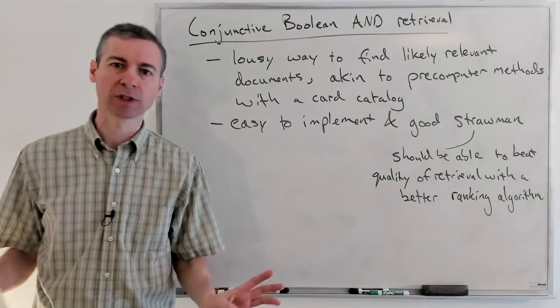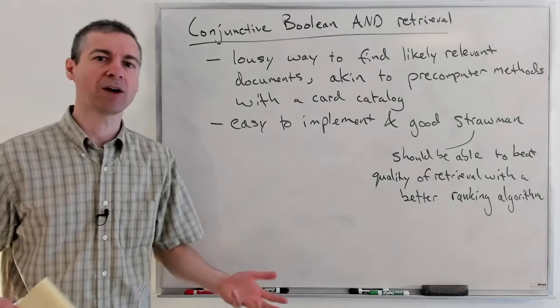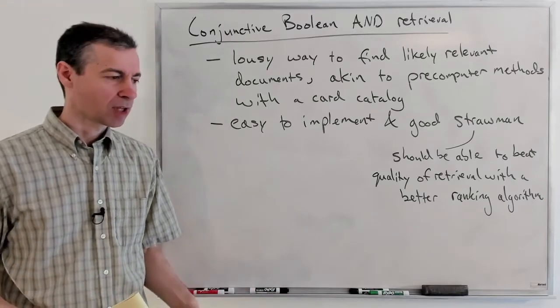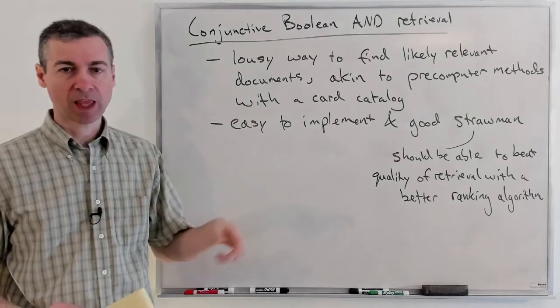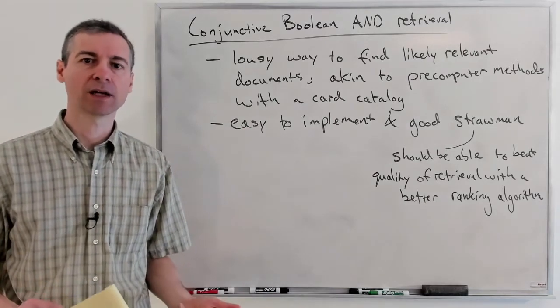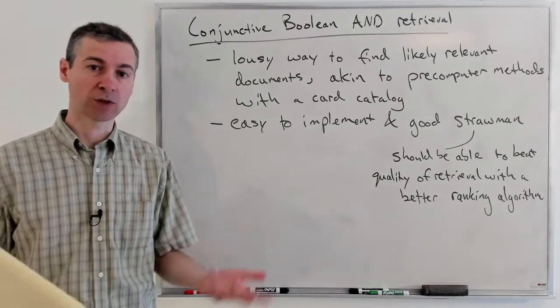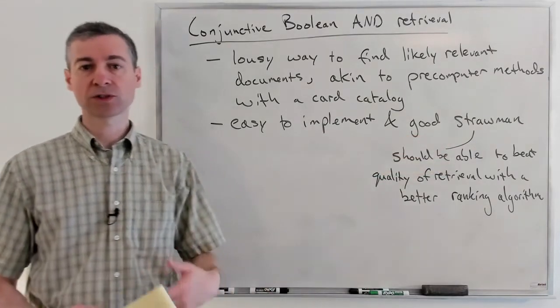We're going to use a computer to do what we could have done without a computer. This is not what we want to do, but it is very easy to implement, and so it'll give us a chance to test out our inverted indexes to actually make sure that we can use them and they work. And it produces a good straw man.